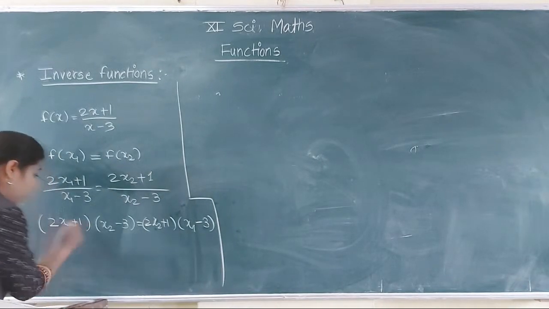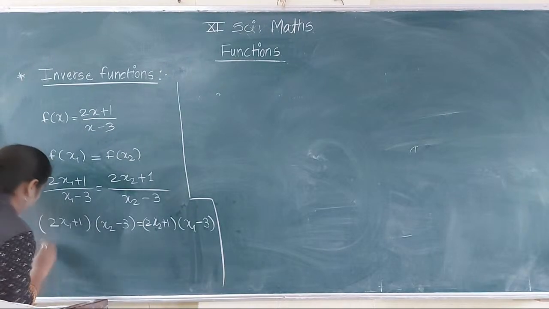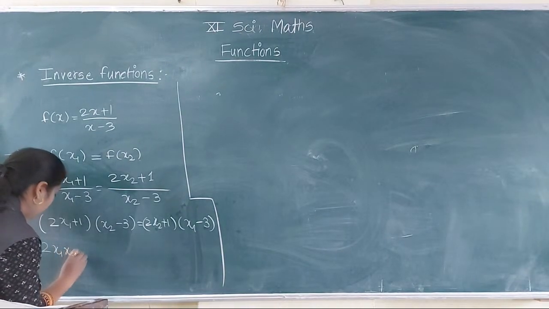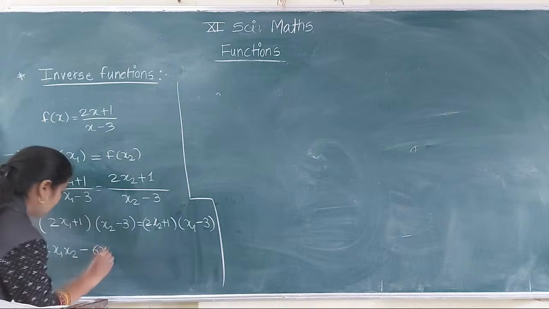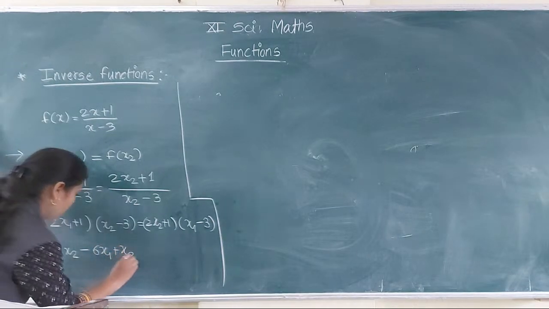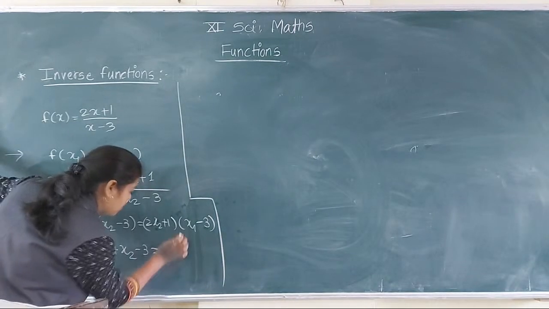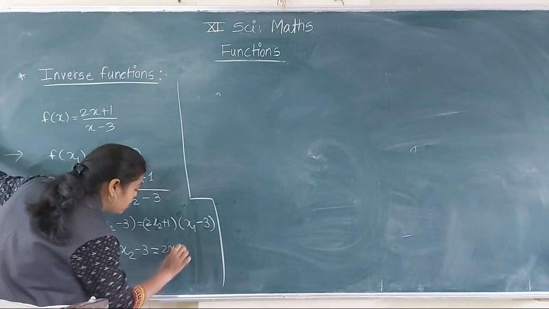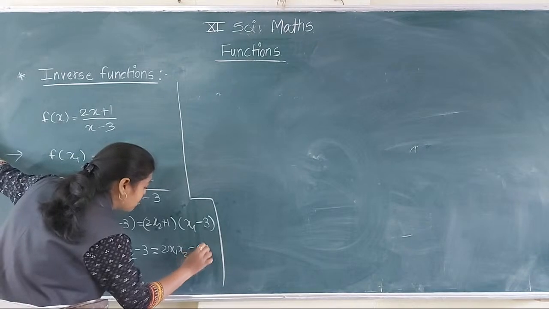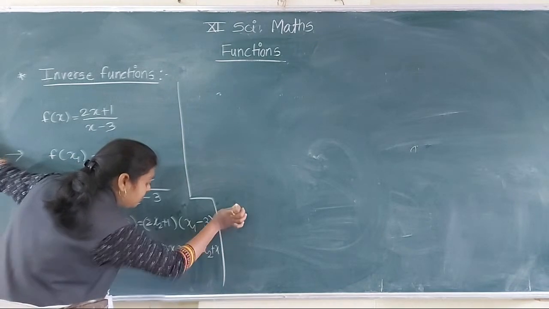Let's solve this in brackets: 2x1 into x2 minus 6x1 plus x2 minus 3 is equal to 2x1 x2 minus 6x2 plus x1 minus 3.